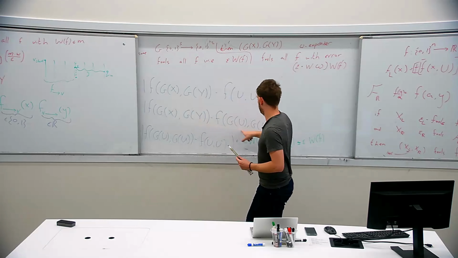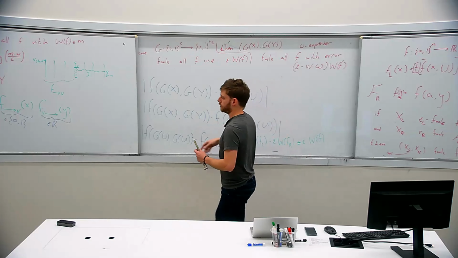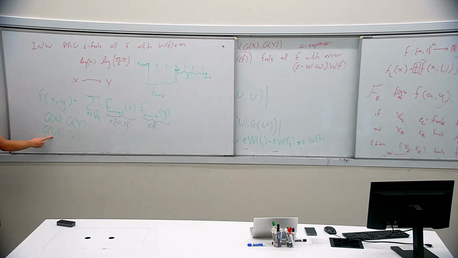We need to bound this term, plugging G of X and G of Y instead of G of U and G of U prime. Now X is uniformly random.